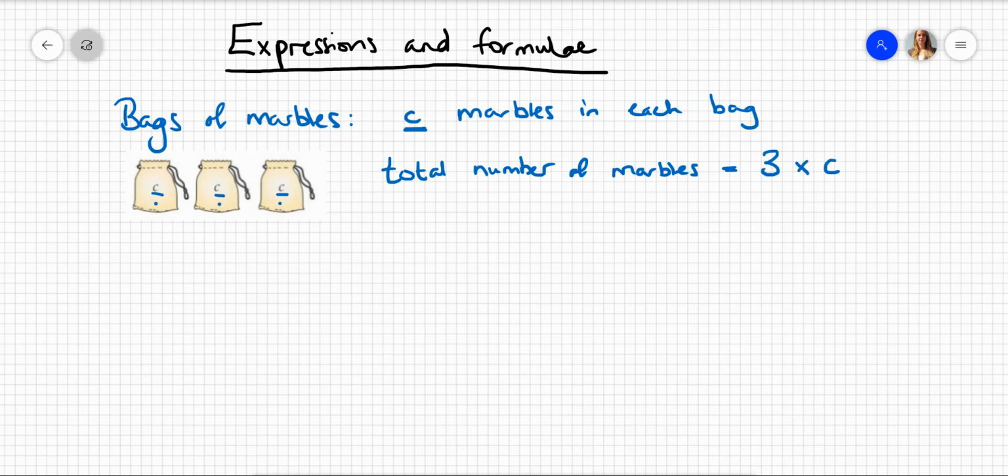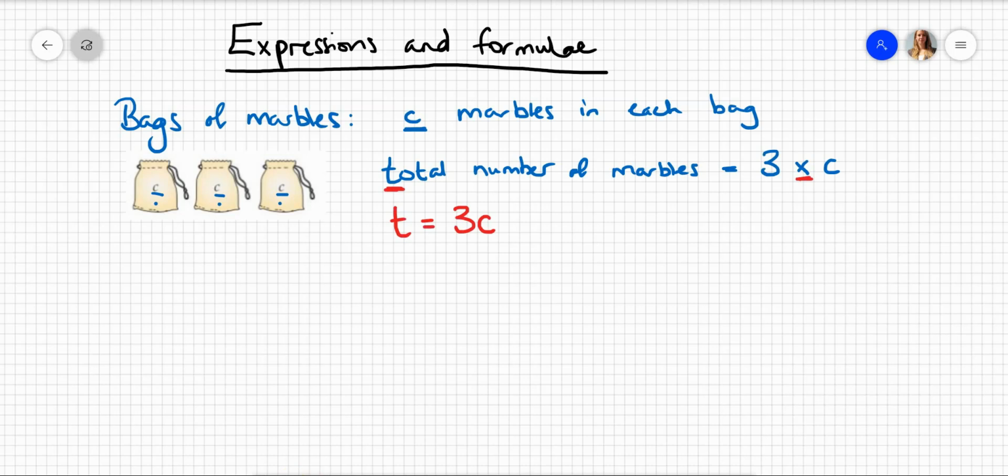And remember how last week we said you can choose the letters for your formulae by looking at the letters in the words that you're using. So we're going to say T equals 3C because we get rid of the multiplication sign.